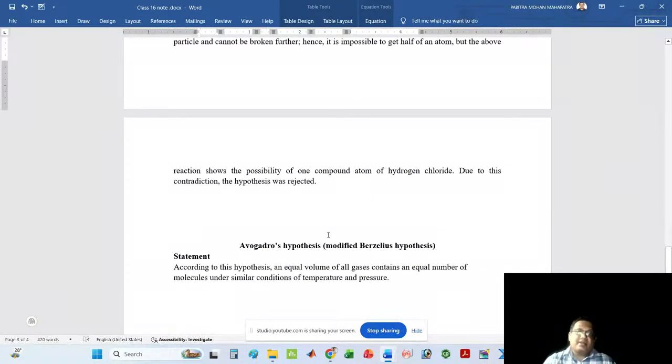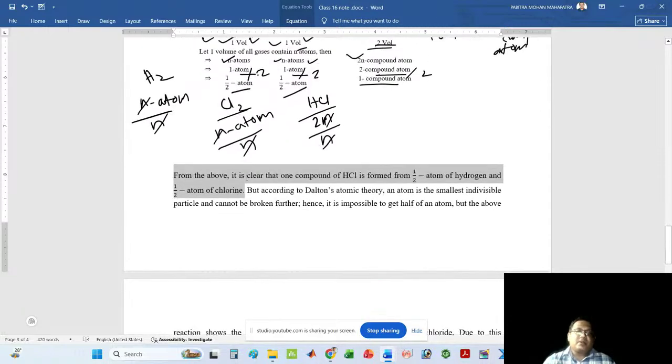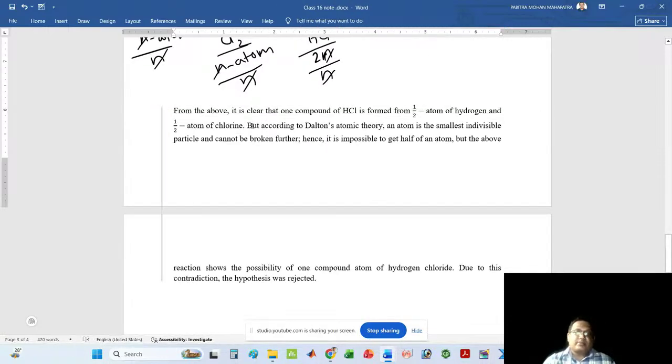Again, from the above, it is clear that one compound atom of HCl is formed from half an atom of hydrogen and half an atom of chlorine. This is the conclusion from the example. But according to Dalton's atomic theory, an atom is the smallest individual particle and cannot be broken further.